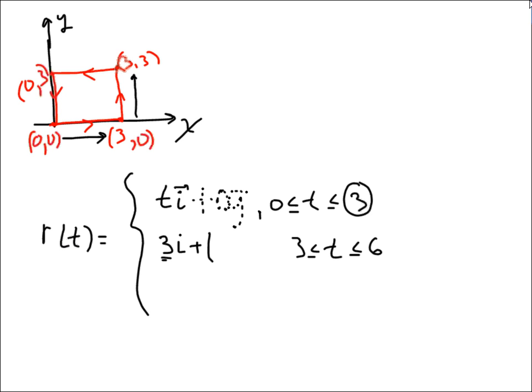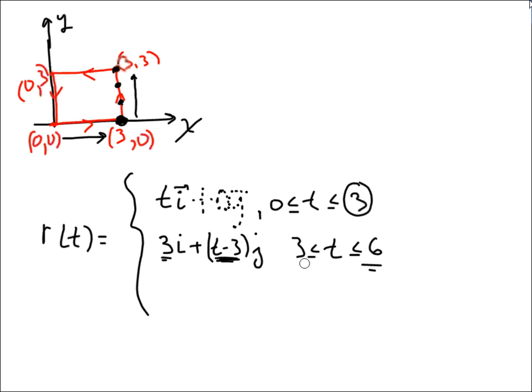Now, if I say (t minus 3) j, when t is 3, that is 0, which puts me right here. And then t is 4, 4 minus 3 is 1, which puts me up a little bit higher. Then t is 5, 5 minus 3 is 2, so it's a little higher. And when t is 6, 6 minus 3 is 3. It puts me way up here. So it is working.